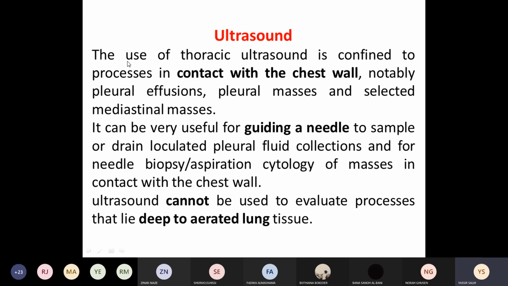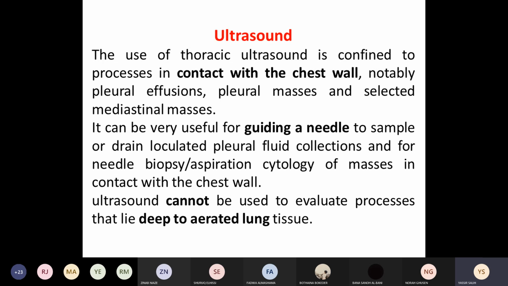The last technique تقريبا the ultrasound. The use of thoracic ultrasound is confined to process in contact with the chest wall. يعني ultrasound has the role only on the pathology that in contact with the chest wall, with the superficial lesion, and also for example pleural effusion or pleural mass and some selected mediastinal mass.